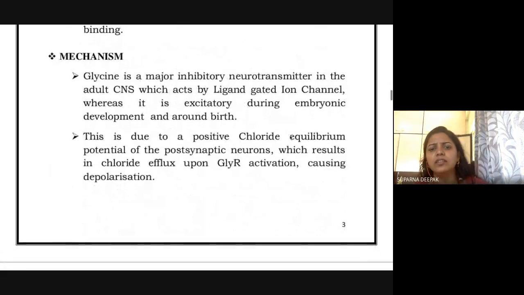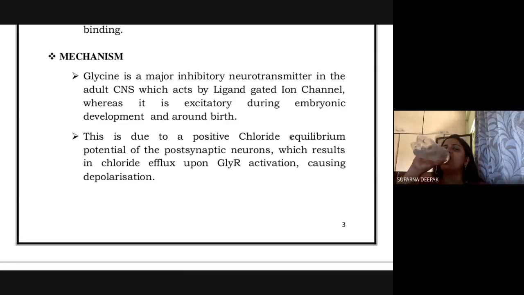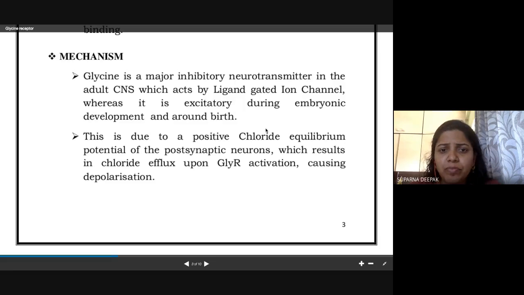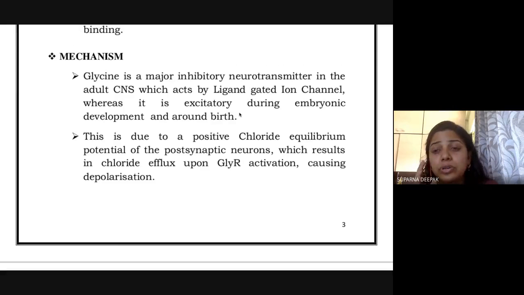Let us understand the mechanism. Here also, as it is an inhibitory neurotransmitter, the mechanism is going to be the same. That means it acts as a ligand-gated ion channel. But very importantly, glycine can also act as an excitatory neurotransmitter during embryonic development and around birth.